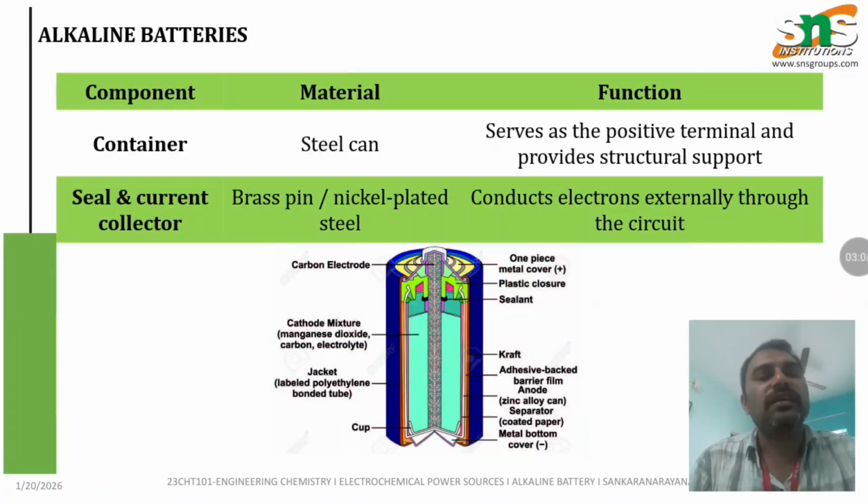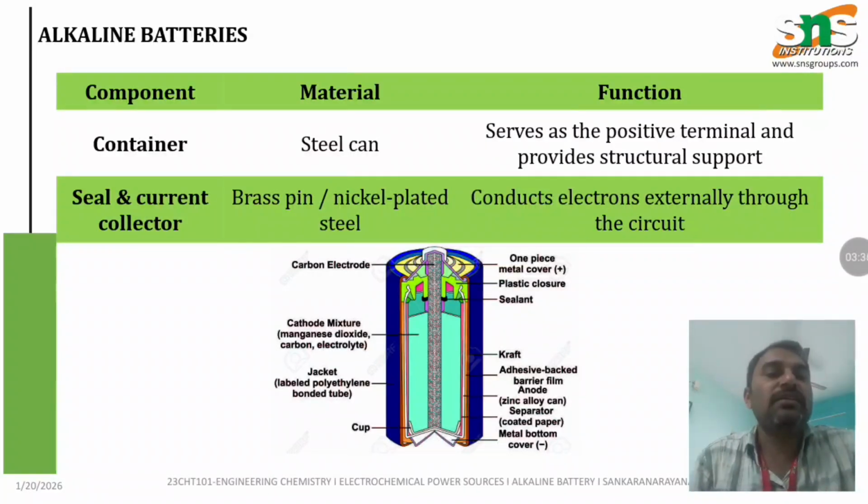Another component is the container. The outside of the container is steel, which acts as structural support. The current collector is a brass pin and nickel-plated steel, which acts as a current collector to the external circuit.